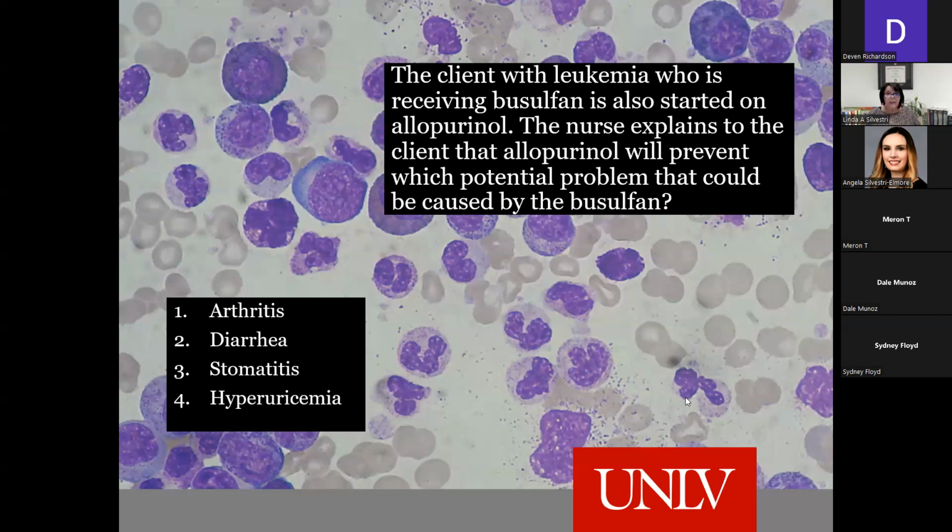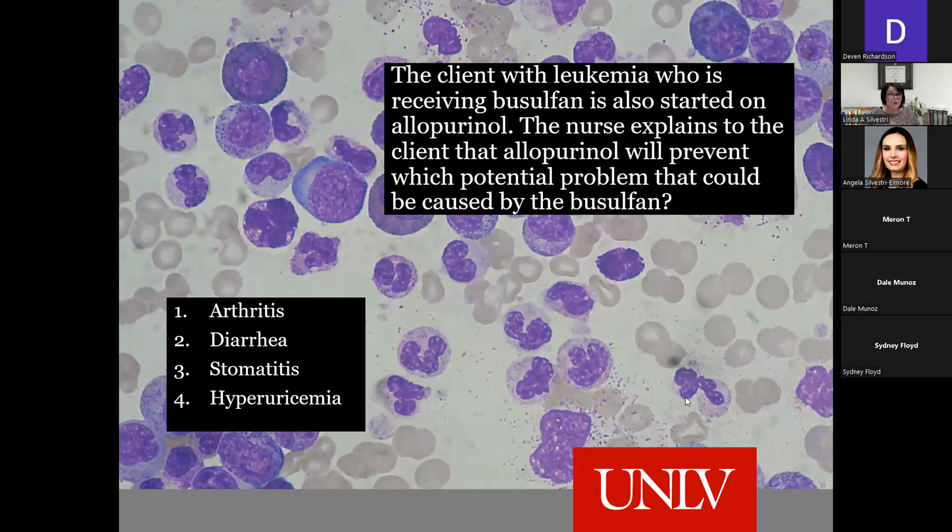Okay, so we don't want that person to have another problem on top of the problems they already have and end up with crystals floating around their bloodstream, ending up in their kidneys, damaging their kidneys, and giving them gout and pain, etc. So allopurinol is given to prevent hyperuricemia and further problems with the person.